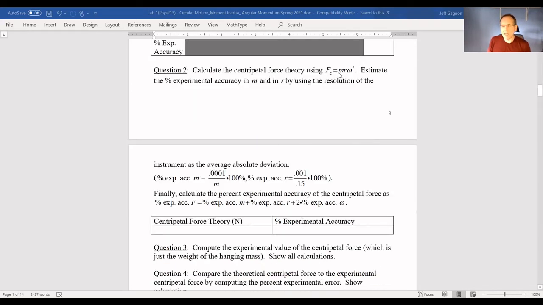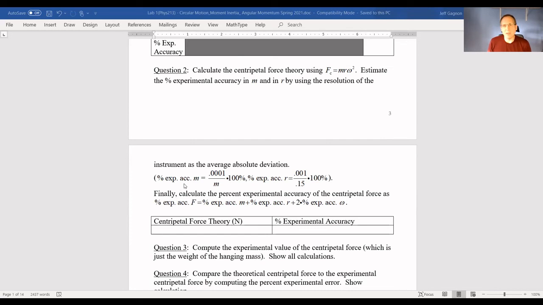How do you find the percent experimental accuracy for mass and the radius? We're going to estimate it by using the resolution of the instrument, because we're only measuring the mass once and r once. Remember, the scale's resolution was 0.1 grams, which is 0.0001 kilograms.